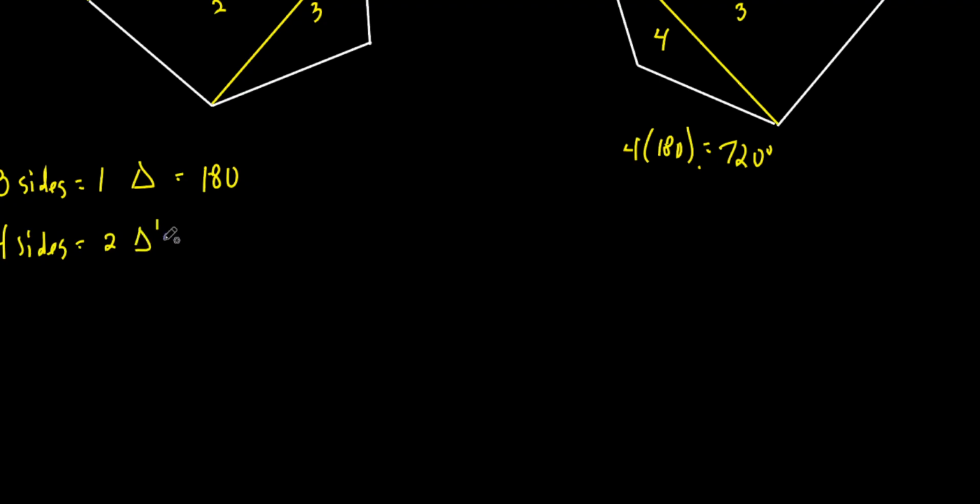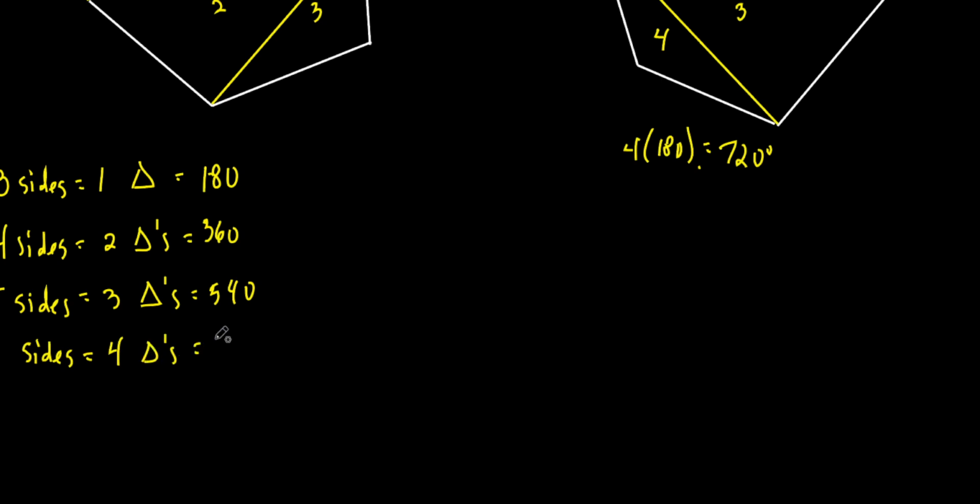So 2 triangles, and that equals 360, right? Then what if I had 5 sides? How many triangles did I get when I made 5 sides? I got 3 triangles, didn't I? And what did I get there? 540, okay? Then I did 6 sides. How many triangles did that give me? 4 triangles. And that gave me what? 720.